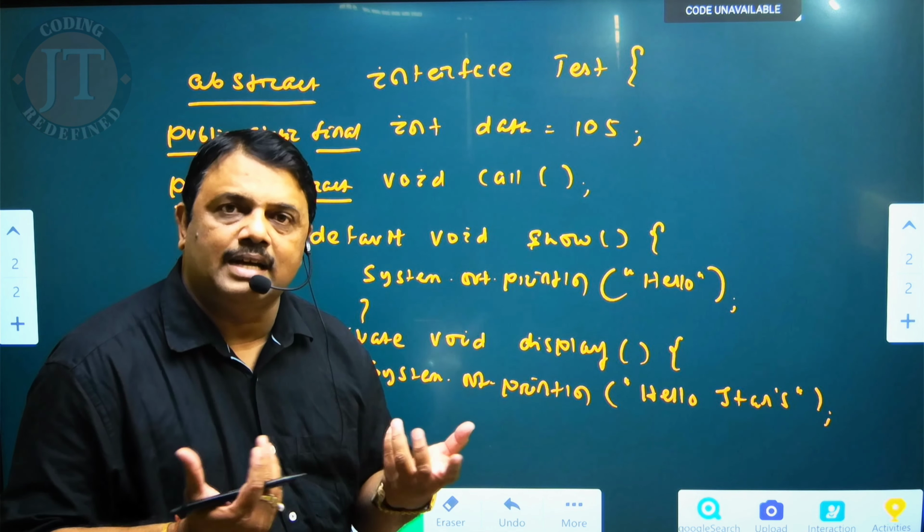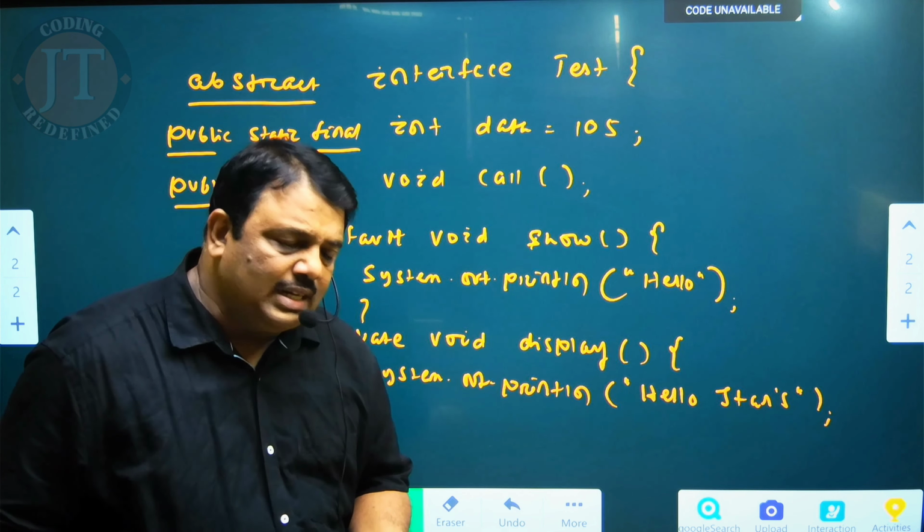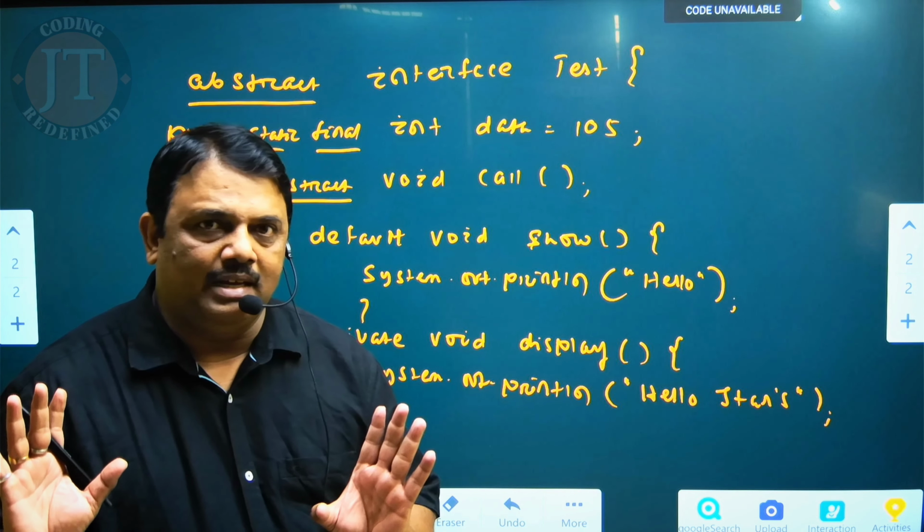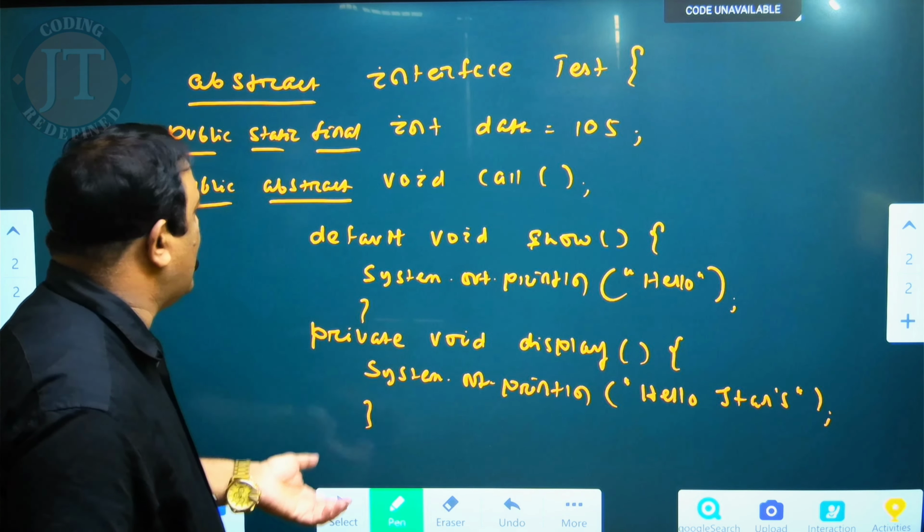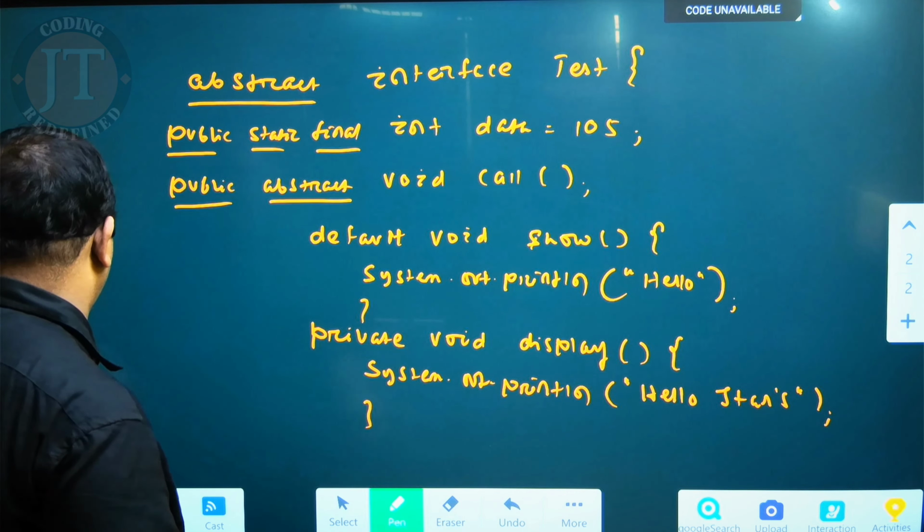Java allows another method: static. The main method is also static, so I can define a static method within an interface.